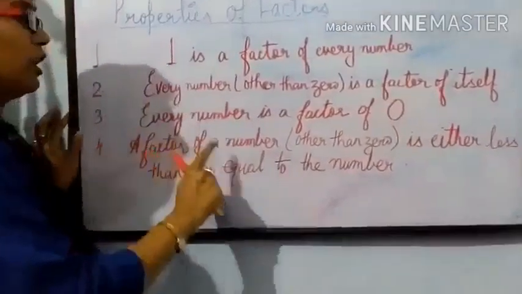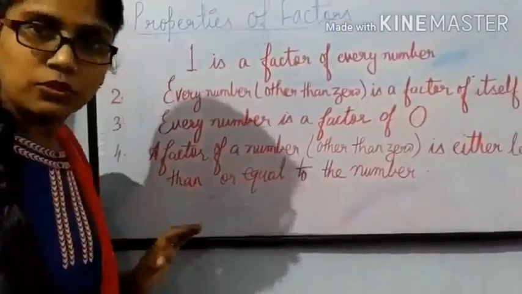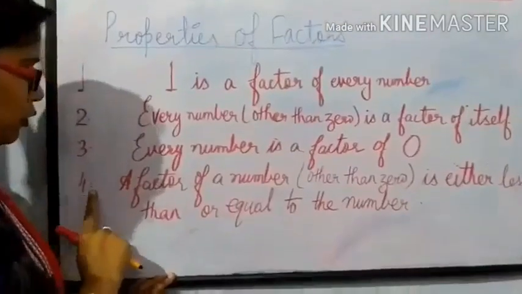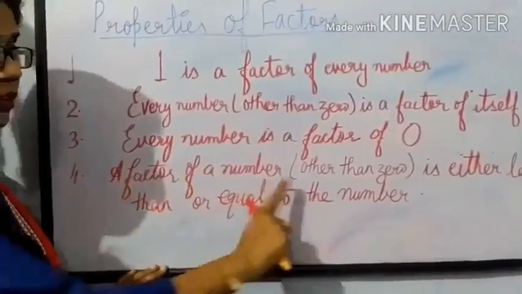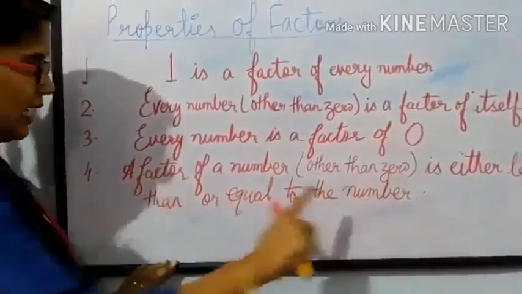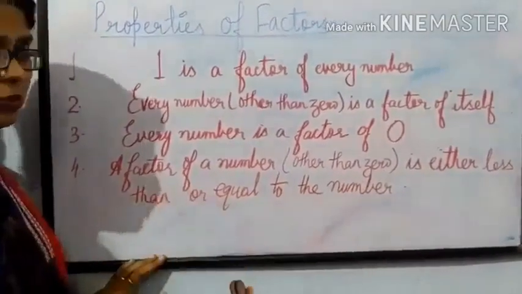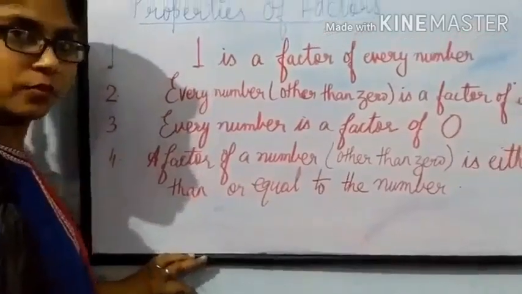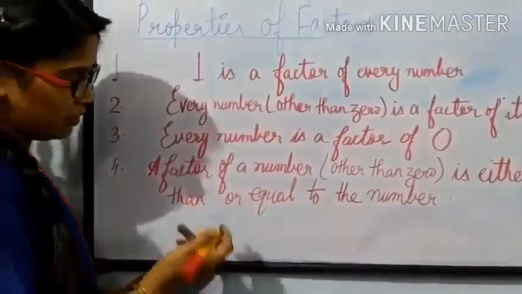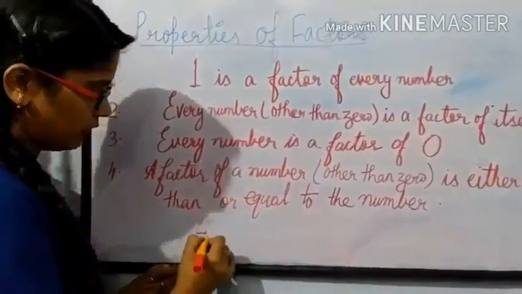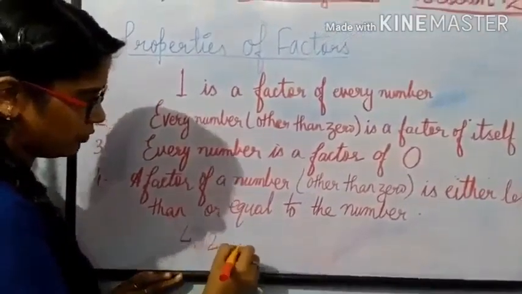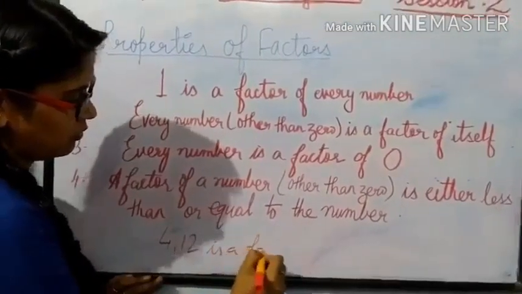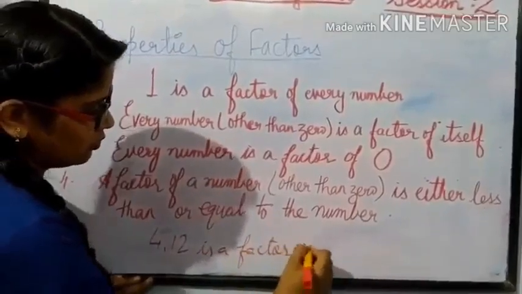Now number 3. Every number is a factor of 0. Point 4. A factor of a number other than 0 is either less than or equal to the number. So here I have taken 4 and 12. 4 is a factor of 12.